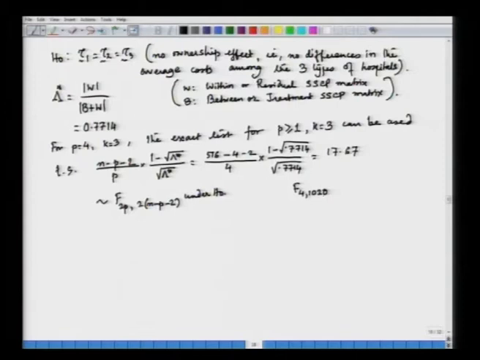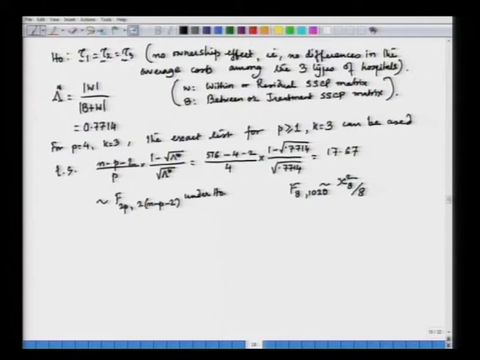Now, you will hardly have any table where this has been tabulated. What we do is use the fact that this is approximated by the central chi-square distribution with 2 times p, that is 8, degrees of freedom, divided by that 2p. So, this is getting divided by 8.